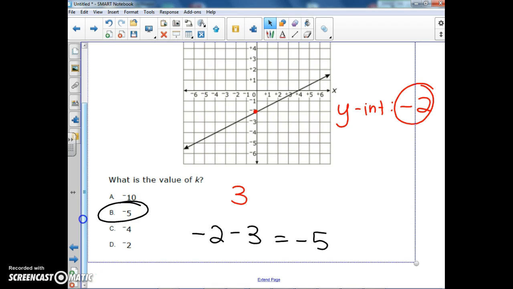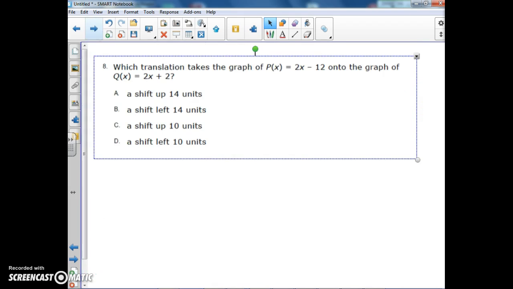One more example from your study guide is number 8. It says, which translation takes the graph of p of x equals 2x minus 12 onto the graph of q of x equals 2x plus 2? Again, let's subtract those y-intercepts. Pause the video and try it on your own.